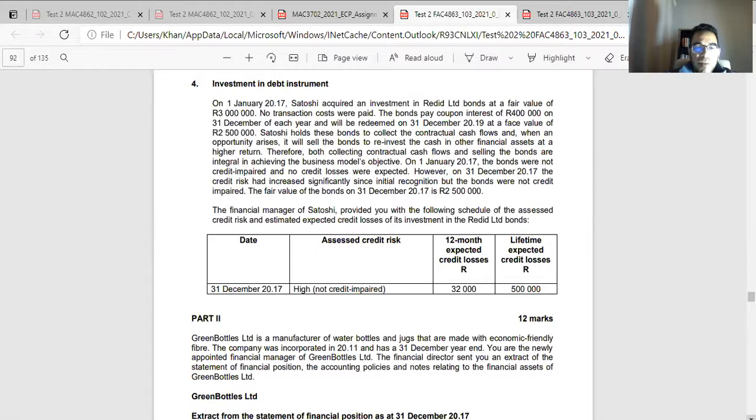The financial manager of Satoshi provided the following schedule of assessed credit risk and estimated expected credit losses of its investment in Reddit bonds at 31 December 2017. They say the credit risk is high, so we can't use the 12-month expected credit loss. We're going to have to use the lifetime expected credit loss of 500,000 Rand. Just be aware of that.